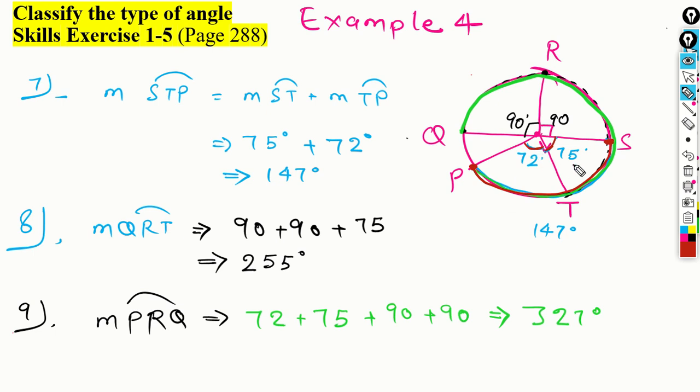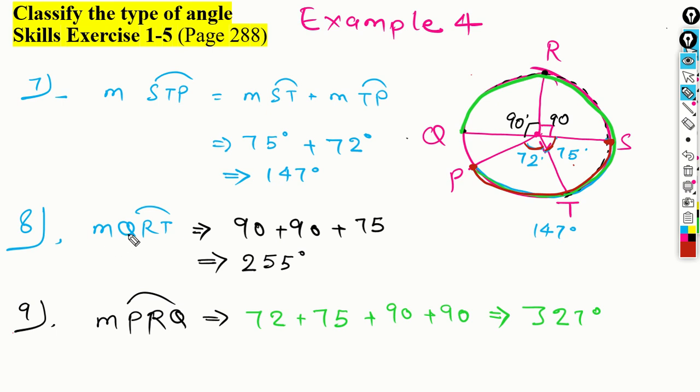This is given as 75 and this is given as 72, right? So you will just simply add them and you will get 147 degree. This arc, total arc, is the sum of S to T plus T to P, right? So this is 75 and this is 72, total is 147.